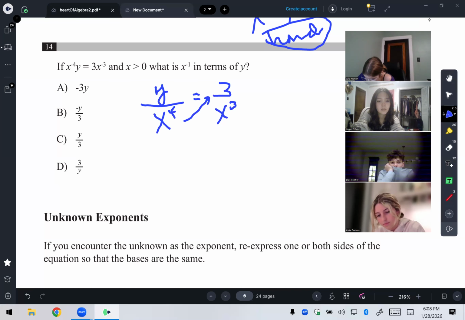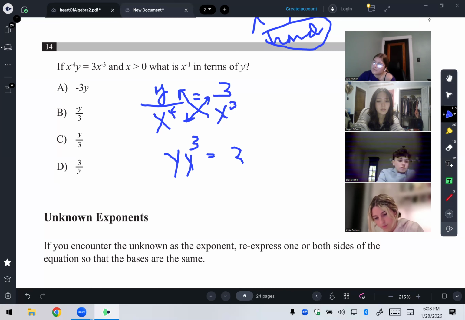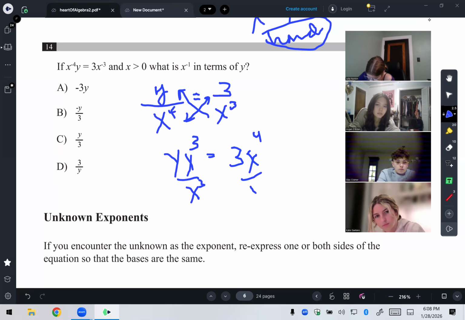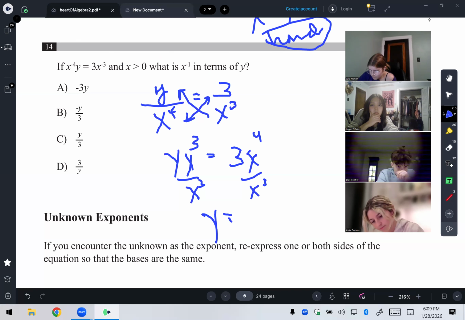Now I can cross multiply. So I will have yx cubed equals 3x to the 4th. Then I'm going to divide by an x cubed. And so I will have y equals 3x.